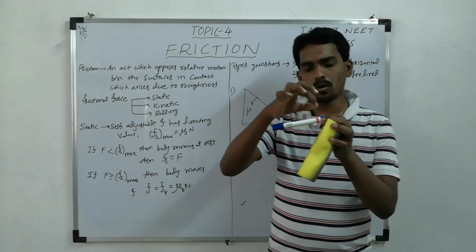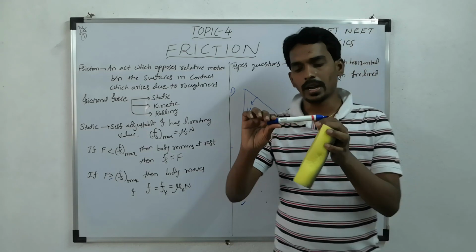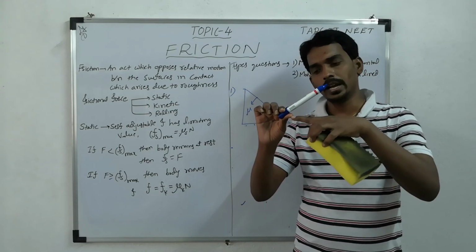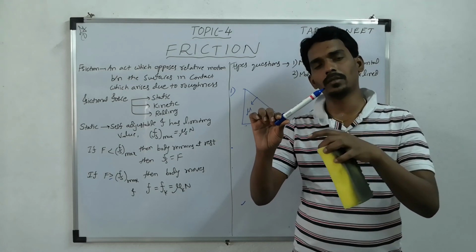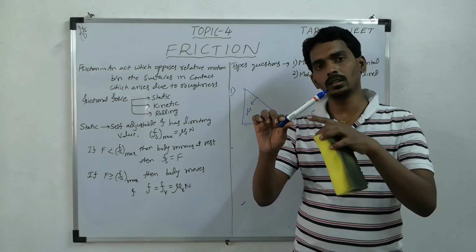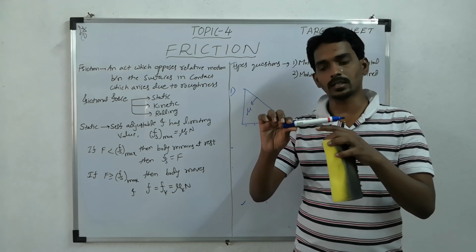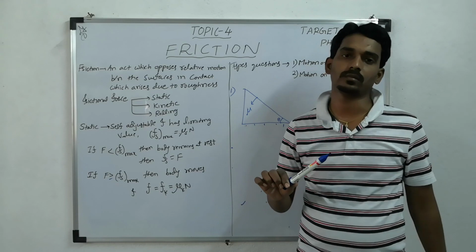When you keep a block on the surface and keep increasing the angle of inclination with the horizontal, at one particular minimum value the block kept on the surface is ready to slide down.